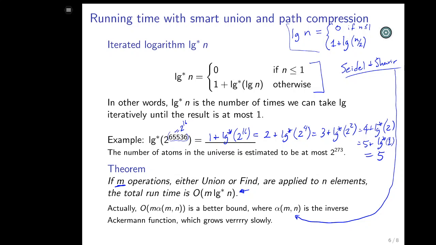So log star of 2 to the 65,536 is 5. The inverse Ackermann function of that thing is something like 3 or 4. Anyway, it's really, really slowly growing. Isn't this cool? It's not constant, but for all practical purposes, it's constant.